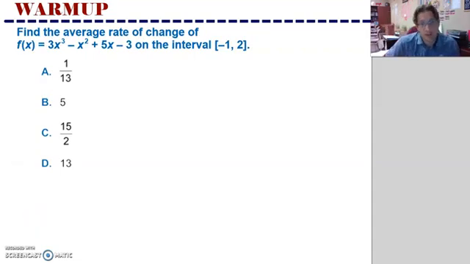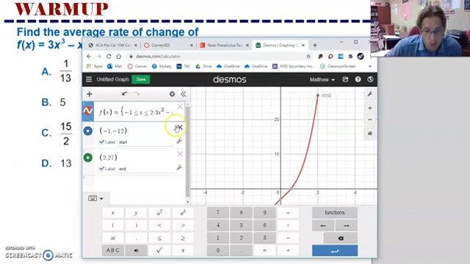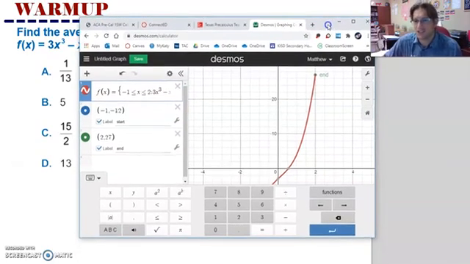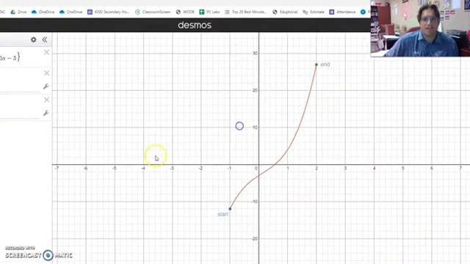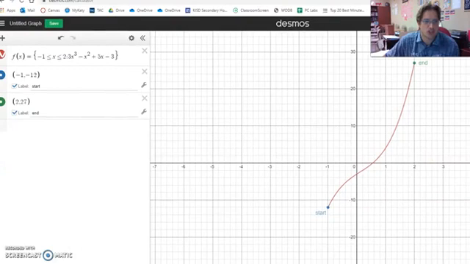Okay, so if we looked at this question, I'm going to show you how to do this using DESMOS to check your answers. You won't be able to do this on the test because you will not be able to plug this in a calculator, but let's use this to explain what's going on. Over here in DESMOS, you can write piecewise functions.